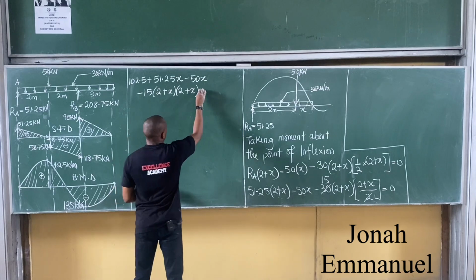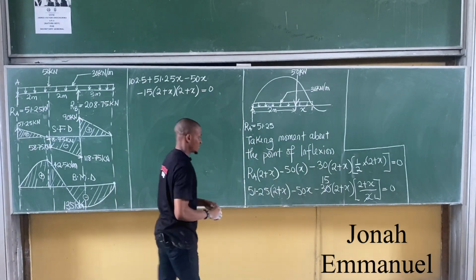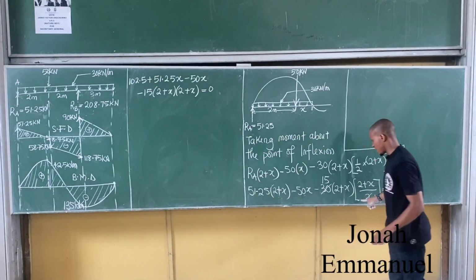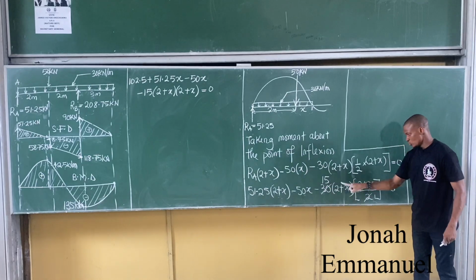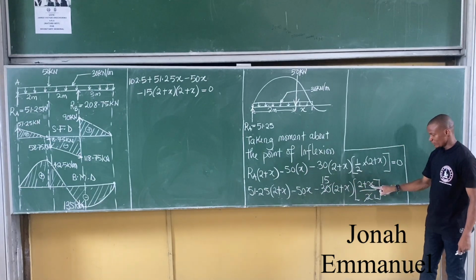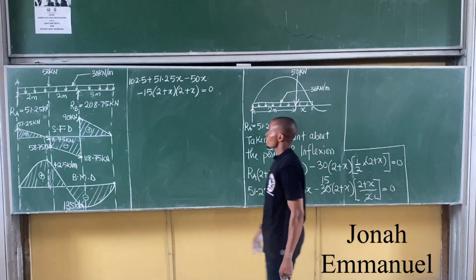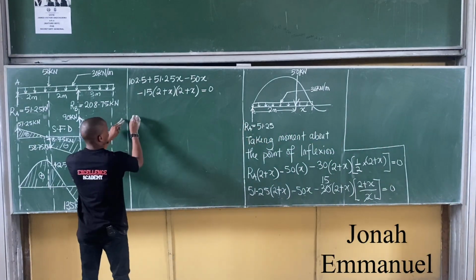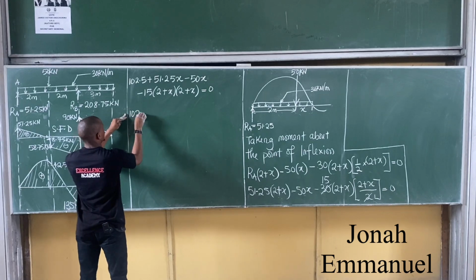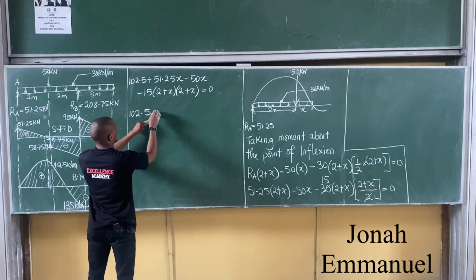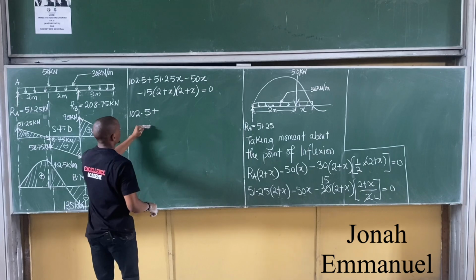2 plus x equals, you observe this please. Alright? This one can cancel this there. Minus 15 into 2 plus x times 2 plus x equals 0. Solve this question. What do you have here? This gives you 102.5 plus, give me the x's.